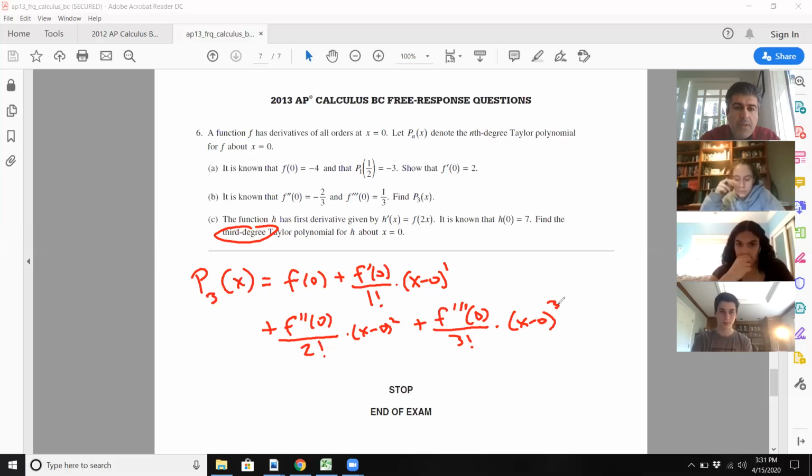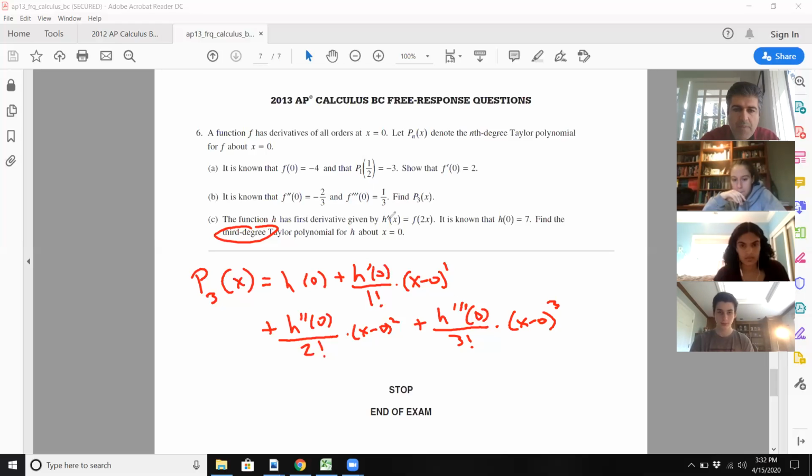Oh shoot, this is actually in terms of h. Darn it. Okay, fix this. It's totally arbitrary, but whatever, it's fine. There we go.